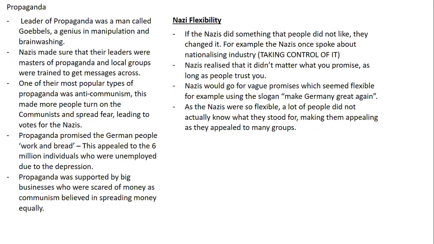In their eyes, it was just getting the unemployment figure down and people having homes and more money. Now, as the Nazis were so flexible, a lot of people did not actually know what they stood for, which made them appealing because they stood for so many different things.